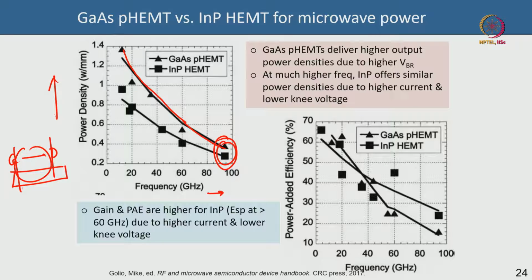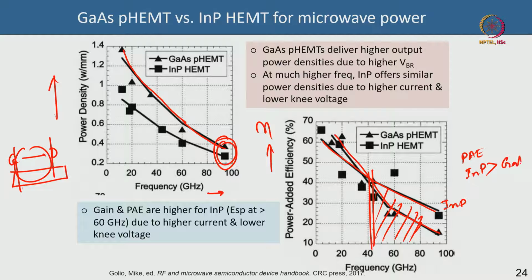Now, here comes the interesting thing, this is power added efficiency, this is your efficiency. You can see that this is your gallium arsenide pseudomorphic HEMT, and this is your indium phosphide HEMT. You see above around 40-50 gigahertz, your power added efficiency for indium phosphide is significantly better than gallium arsenide pseudomorphic HEMT.